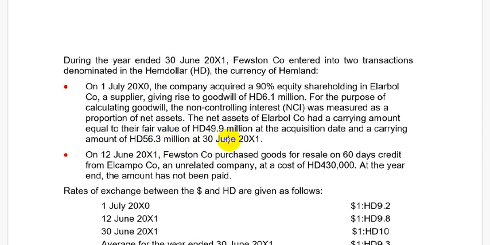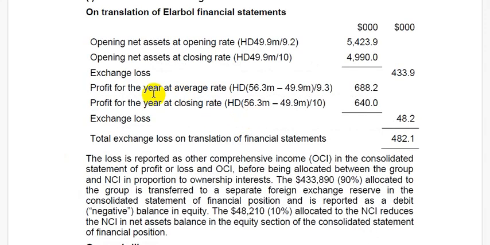So there's a gain in value from 49 to 56. So you get the difference, the gain in value. Now, this gain in value happened during the year.